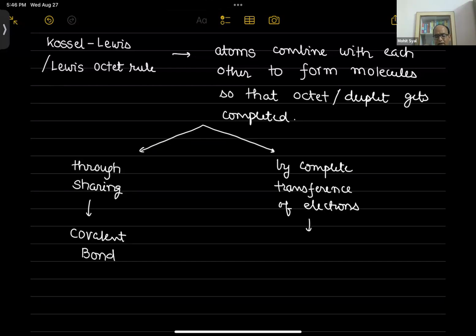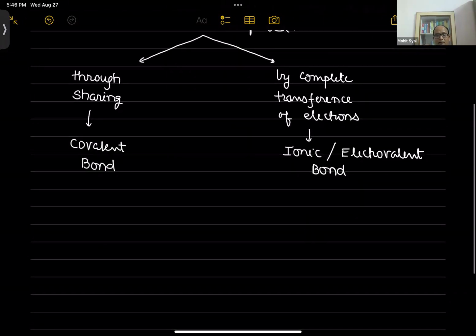And this is going to form the ionic or electrovalent bond. Covalent bonds generally form between two non-metals. A metal and non-metal can also form a covalent bond, but most commonly it is between two non-metals.